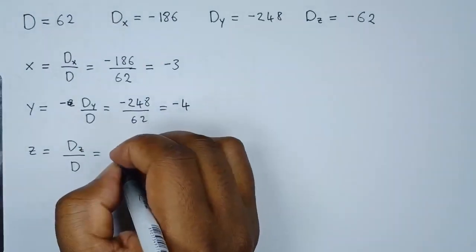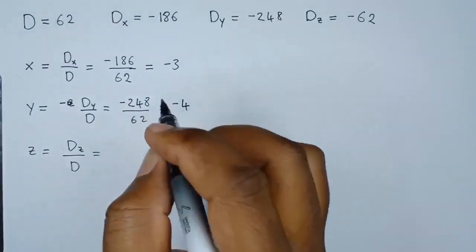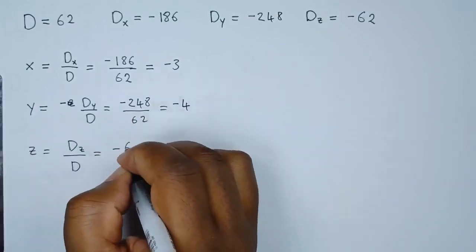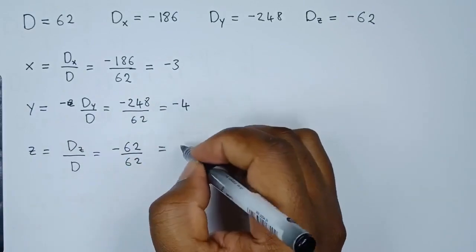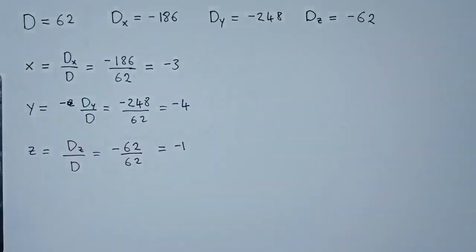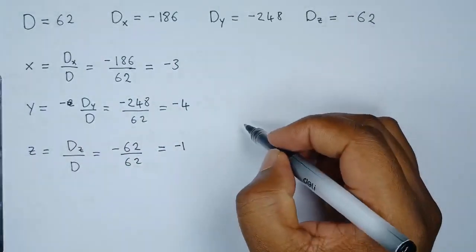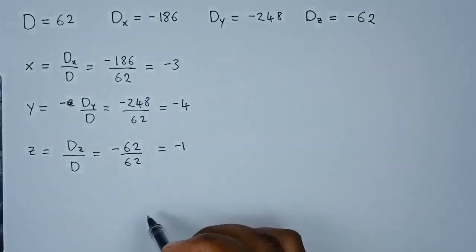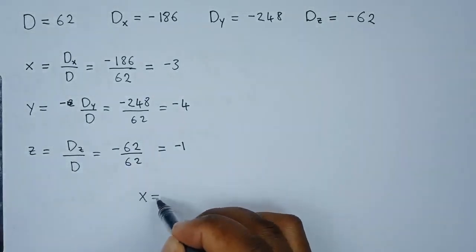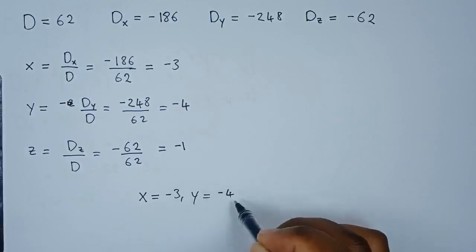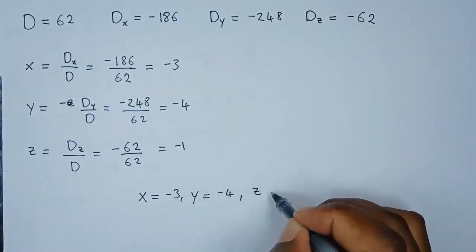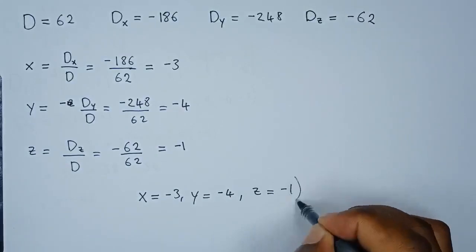The value of dz is negative 62 over 62, meaning that what we get here is simply negative 1. So our solution set in this case will be x is equals to negative 3, y is equals to negative 4, and z is equals to negative 1.